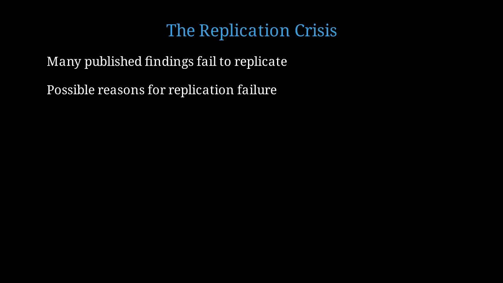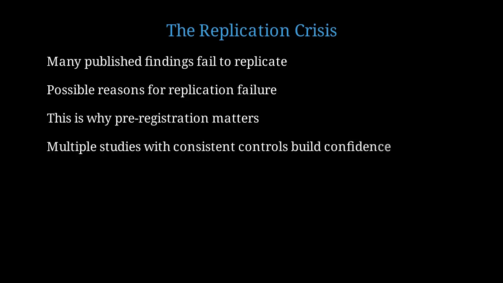Sometimes publication bias means only positive results get published. This is why pre-registration of studies matters. By declaring your hypotheses and analysis plan before collecting data, you prevent p-hacking and selective reporting. No single study, no matter how well controlled, is definitive. Multiple independent studies with consistent results and proper controls build scientific consensus.